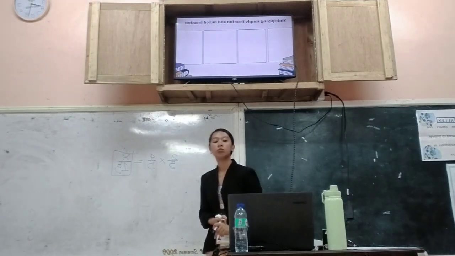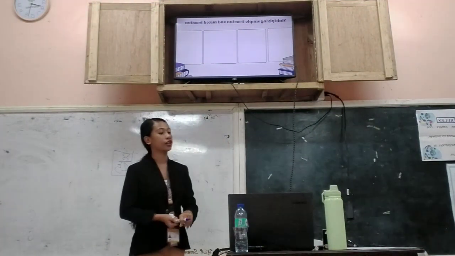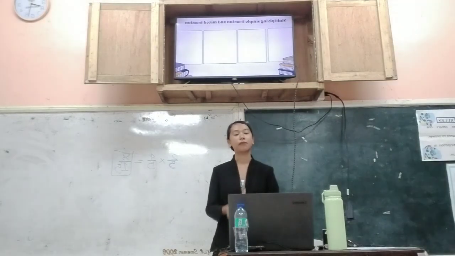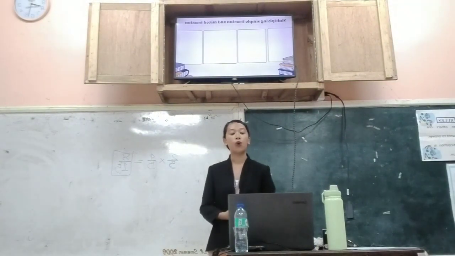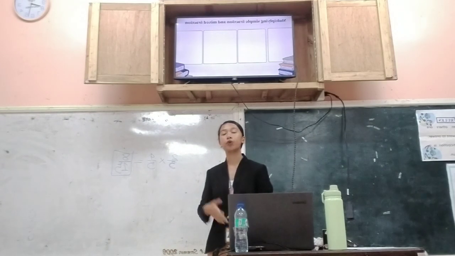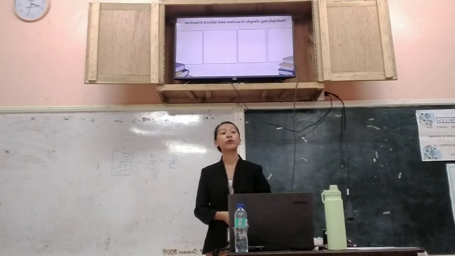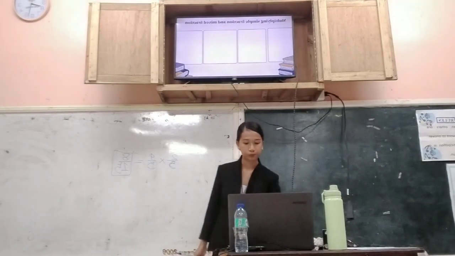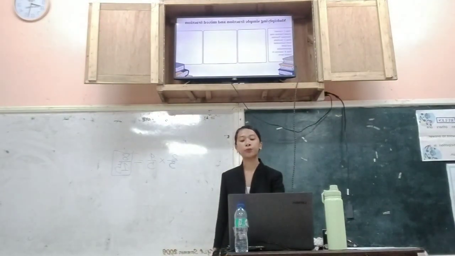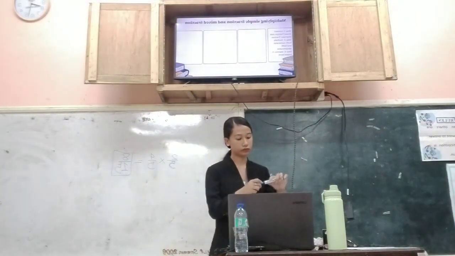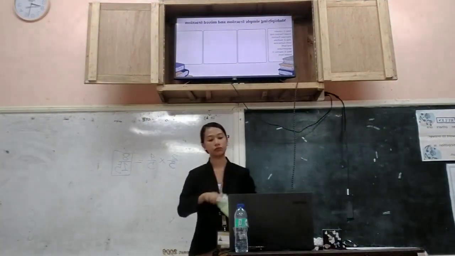Now class, multiplying a simple fraction and a mixed fraction. Earlier you learned how to multiply simple fractions and mixed fractions. Now we will combine the two. Step 1, convert the mixed fraction into an improper fraction.